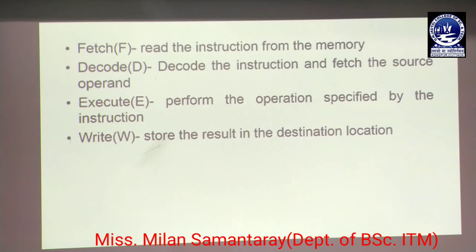So, it may be in main memory or in the cache memory, and we have to fetch that source operand. Then in the execution phase, whatever operation is specified in that instruction, whether it is addition, subtraction, multiplication, any type of operation, will be performed in this stage of the pipeline. And then in the write result stage, the result is stored in the destination location, whether it is a register or a memory location.